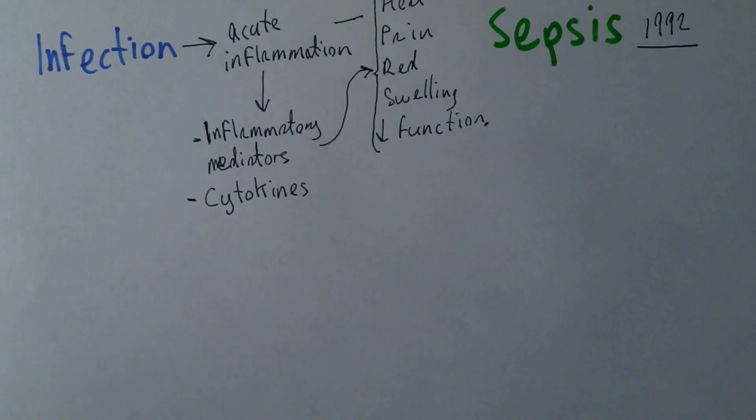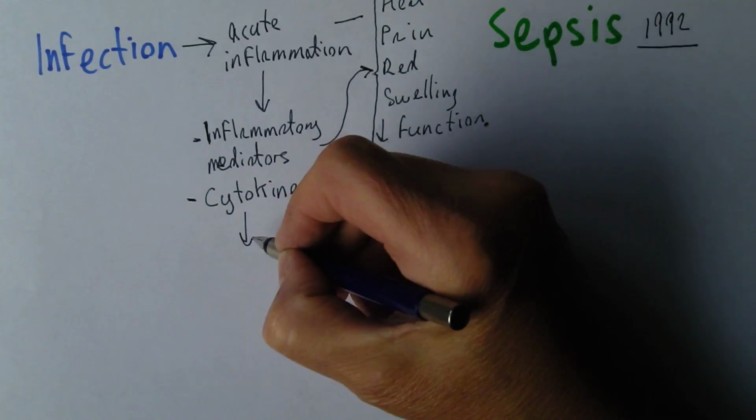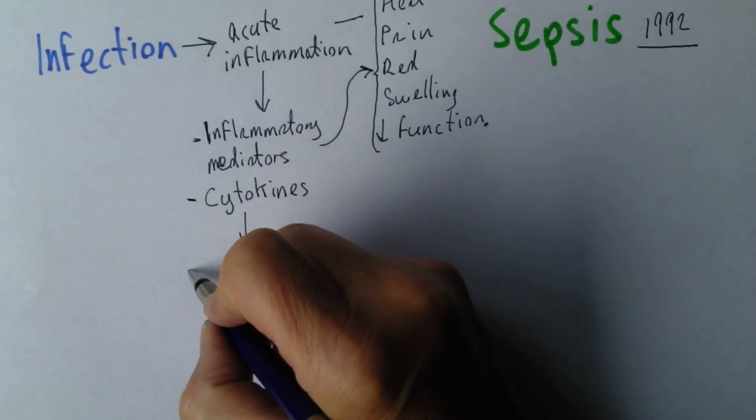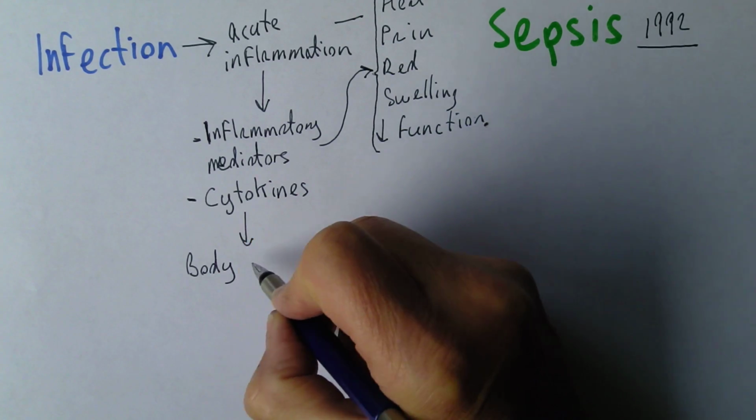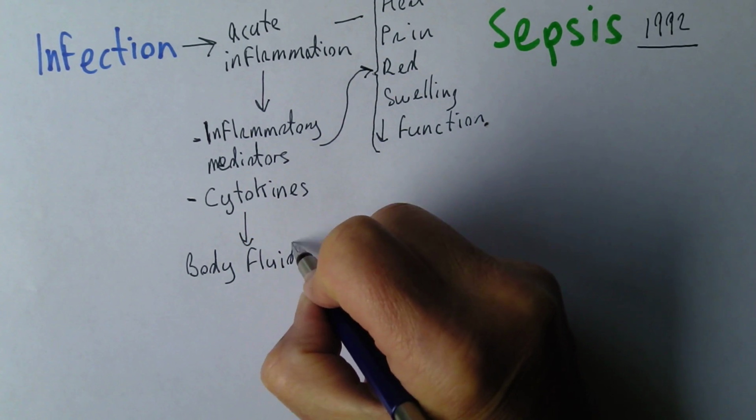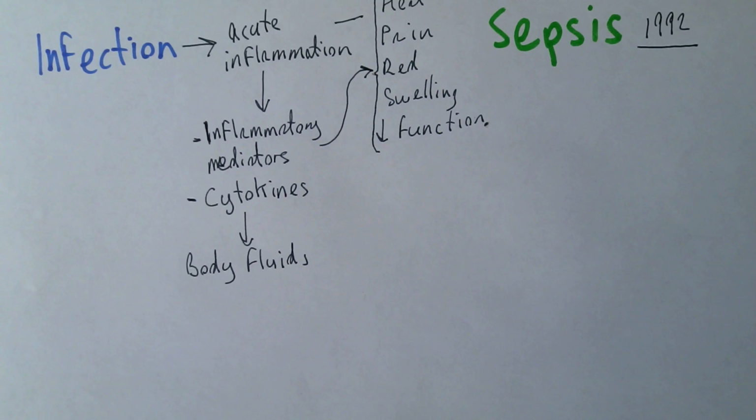In essence, they're a bit like the endocrine system. The cytokines are messenger molecules. Now, if there's a lot of cytokines and inflammatory mediators, these are going to go into the body fluids and will be distributed systemically.